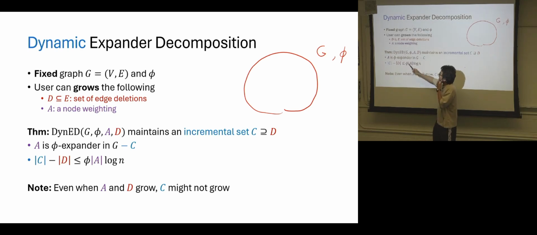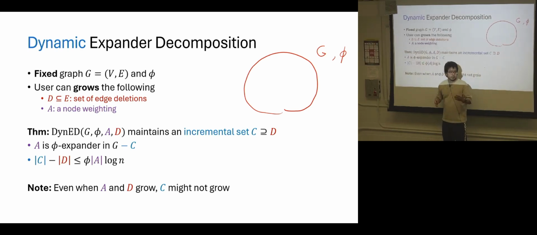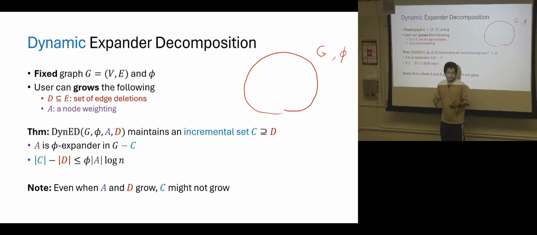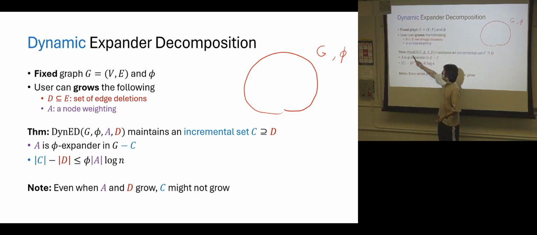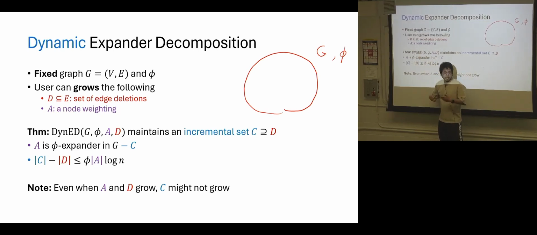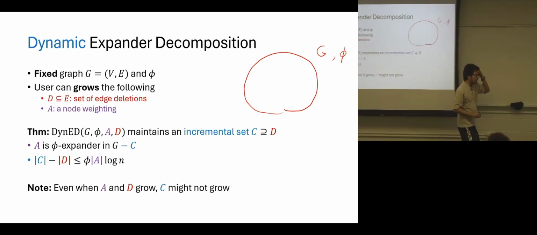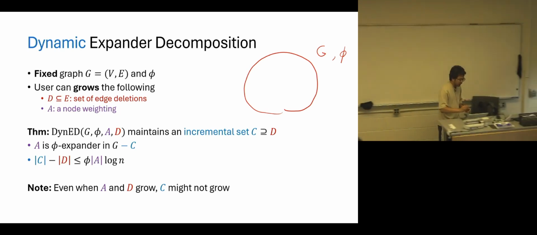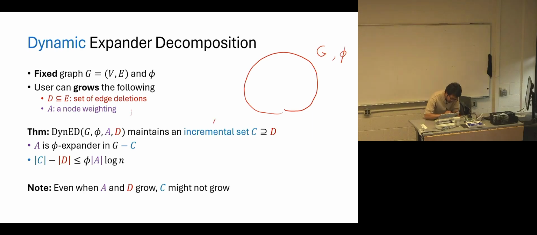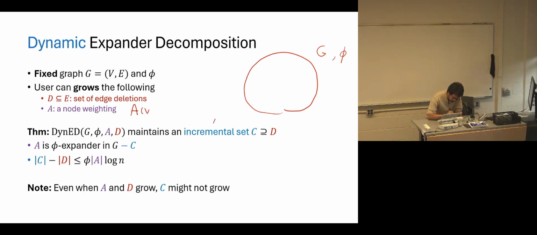Previously the node weighting A was fixed. It's just some node weighting, like some indicator vector or something. But now this node weighting can be updated too. So for every node v, it can increase. Like the user can ask you to set A(v) to be A(v) plus 2 or something.